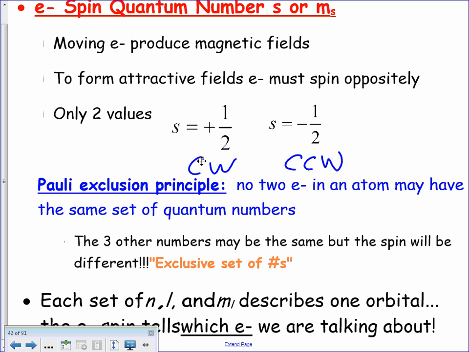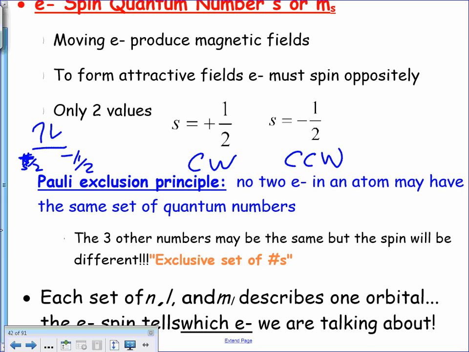They have to spin opposite in an orbital. Do you guys remember drawing it like this? Your orbital diagrams. That means a +1/2 and a -1/2 spin whenever you draw them like that.